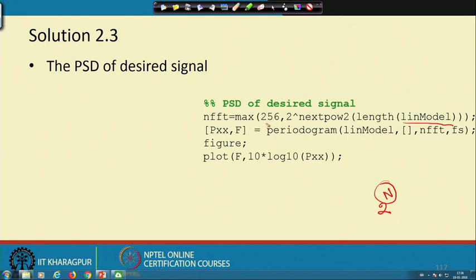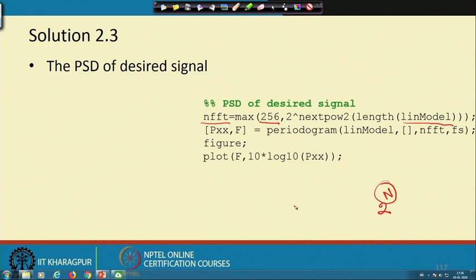The minimum value for NFFT, the variable which tells how many points FFT we would take, should be 256.